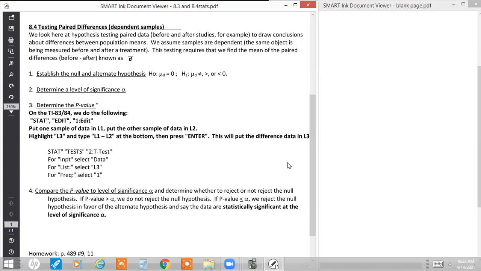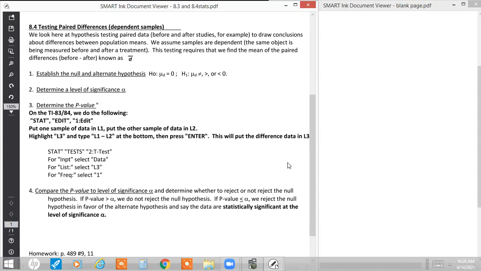Now check this out. 8.4, we're testing paired differences for what are called dependent samples. We're testing paired data, like before and after data. Like you're taking somebody's blood pressure, then you give them some medication, and then you take it again to see if that medication has lowered their blood pressure or something along those lines, right?